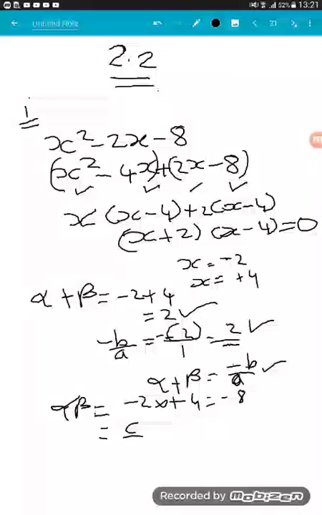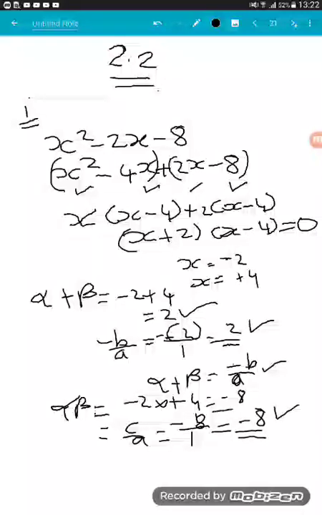And c by a is nothing but c is minus 8, and a is nothing but 1, so it will be minus 8 itself.